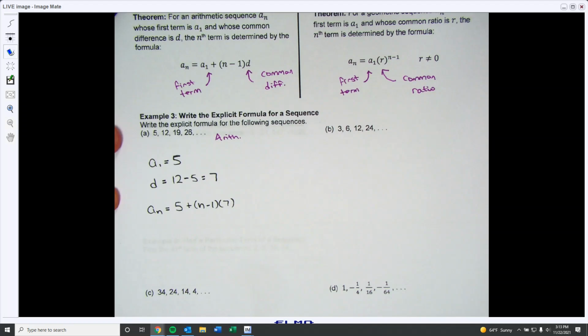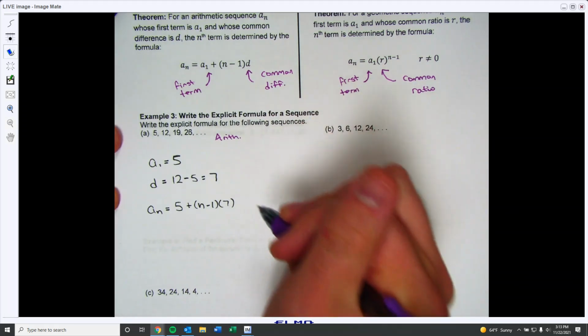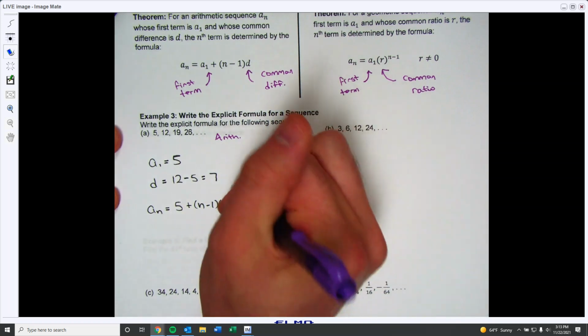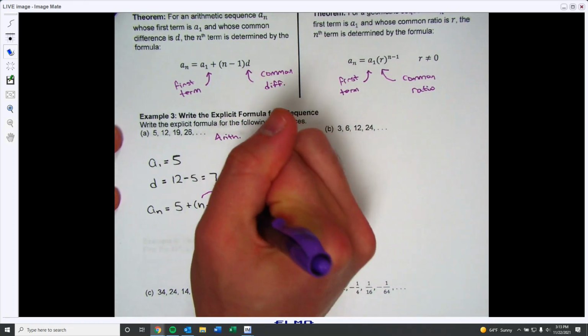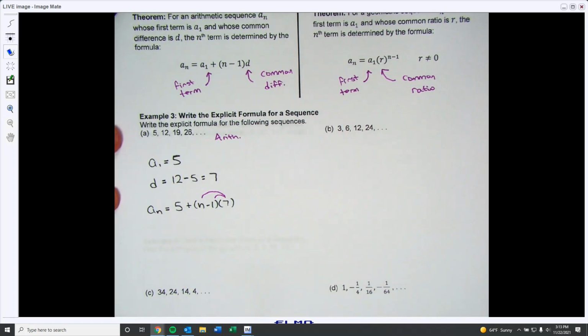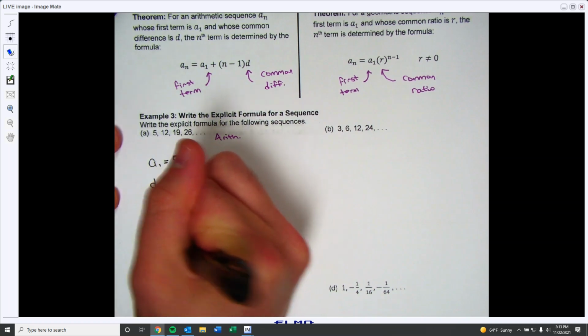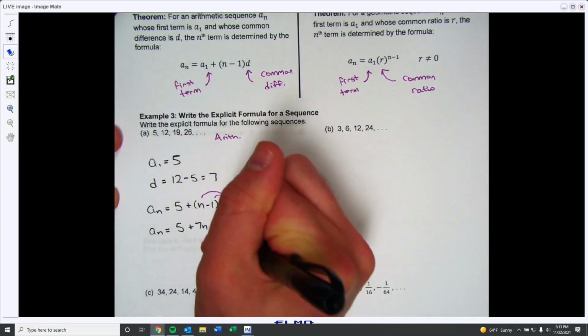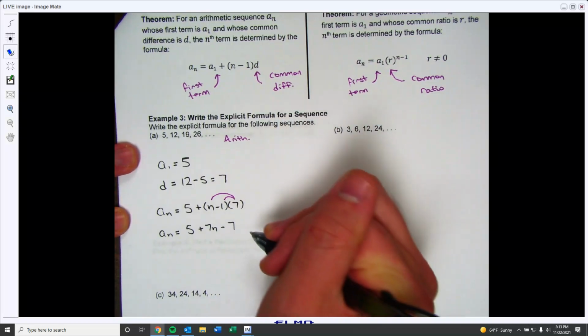Now on this one, I will require you to simplify. And to simplify, I need to notice that this parentheses n minus 1 is touching a number 7. That means I can technically distribute this 7 over to both of those. So now we have AN equals 5 plus 7n minus 7.